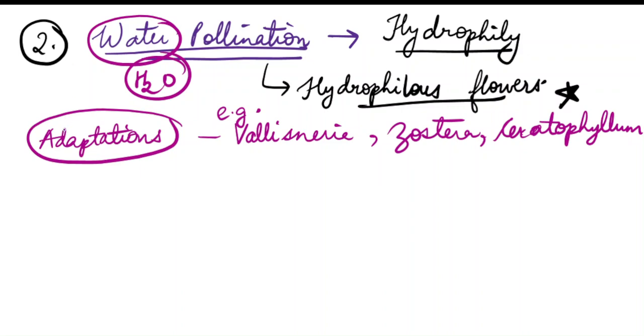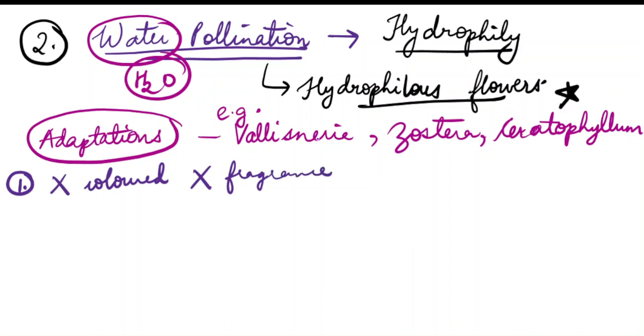The adaptations are somewhat similar to wind pollination. Here also the flowers are not colored, they don't have any fragrance, and they don't have any nectar.